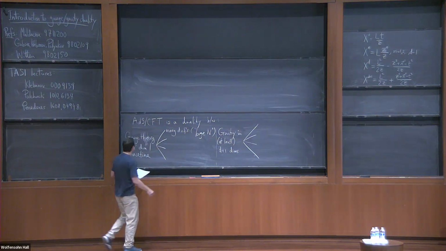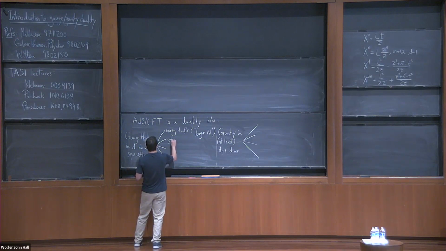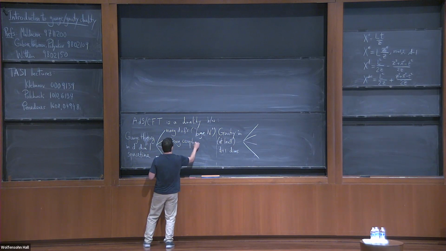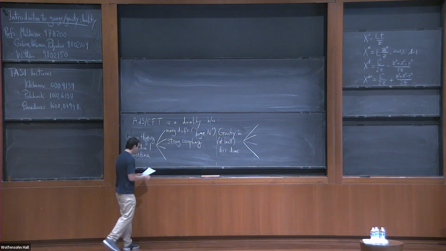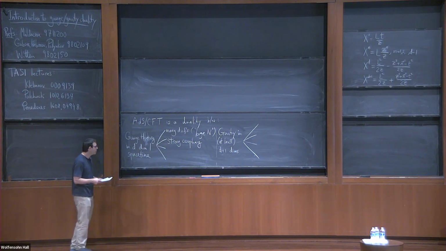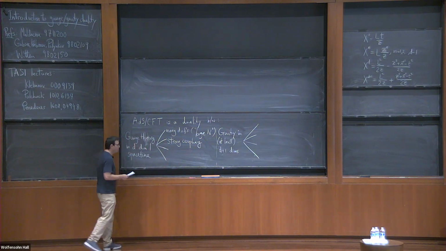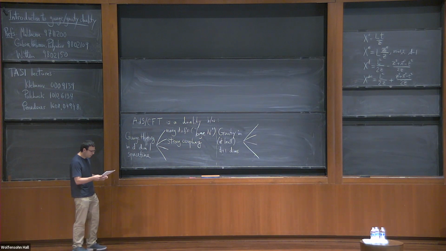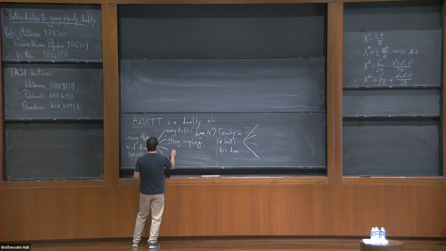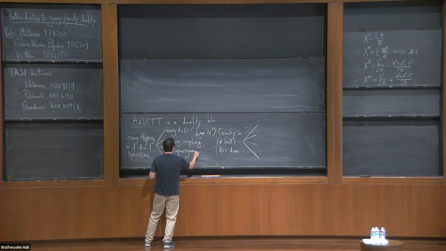They're also strongly coupled. And in the cases that are most well studied and best understood, they're also supersymmetric, but that's not believed to be an essential part of the duality.